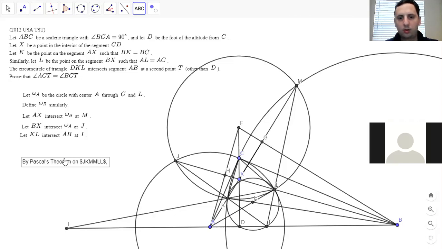Is that how you define it? So I define J as the intersection of... so yeah, we should probably get rid of this circle for now, right?